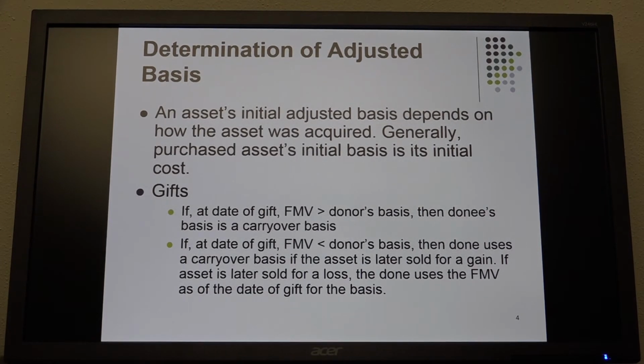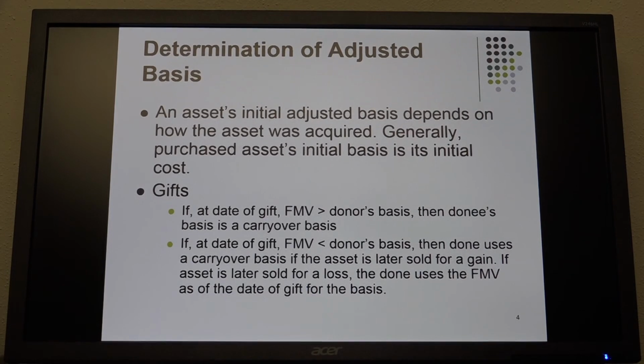If on the date of the gift the fair market value is less than the donor basis, then the donee, not the donor, the donee uses a carryover basis if the asset's later sold for a gain. If the asset's later sold for a loss, then the donee uses the fair market value as of the date of the gift for the basis.